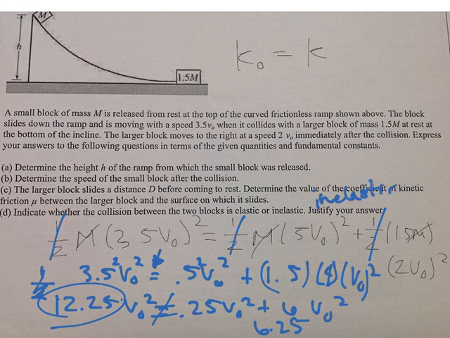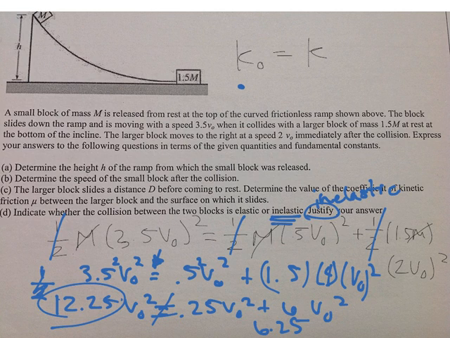So remember, if it asks you to justify your answer, you should and can include work, but you should also include words. So you need to explain the idea that since our kinetic energy at the beginning is not equal to the kinetic energy at the end, we lost energy, so it is an inelastic collision.